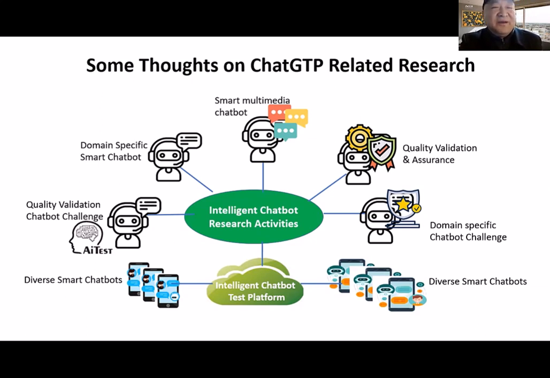Besides, there are a lot of domain chat challenges. I try to set up the challenge now. We already set up an IEEE testing conference to support a chatbot test automation challenge. We just recently set it up, and this will be this year's challenge for international students and professionals.